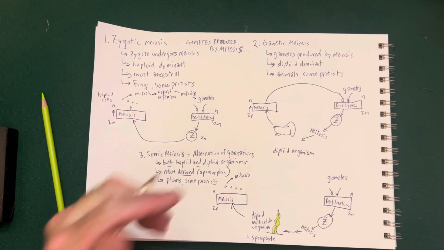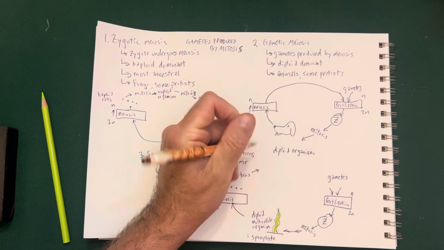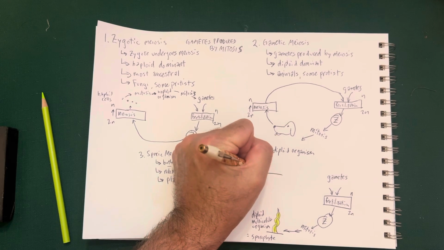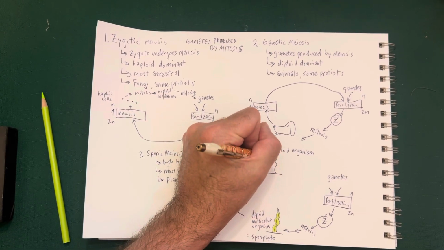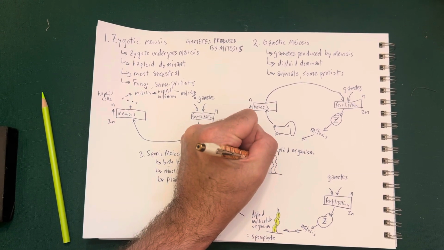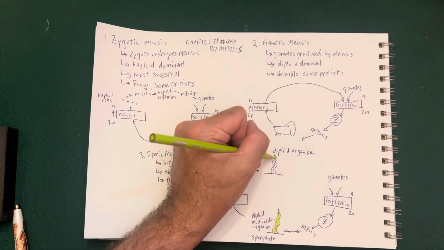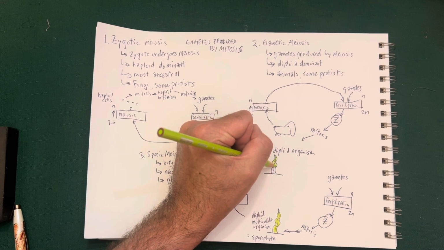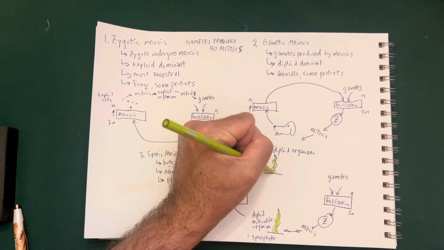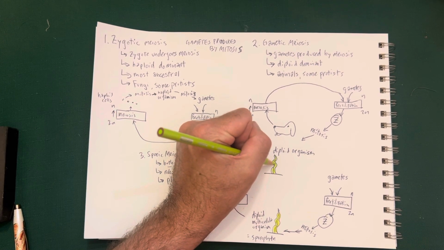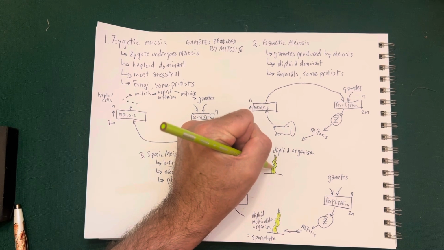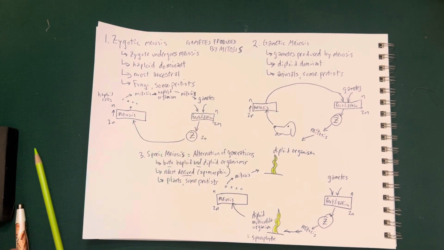In both. Okay? So now we're going to have mitosis, and in this case, I'm going to draw isomorphic alternation of generations, which means that the haploid organism and the diploid organism look pretty much exactly the same. We can't really tell which one is which.